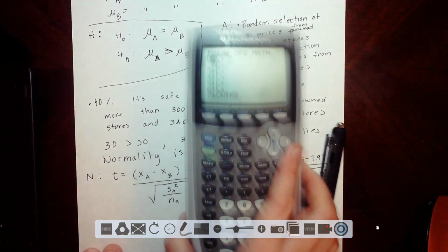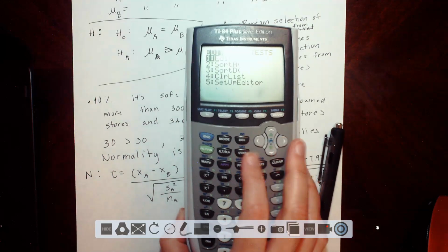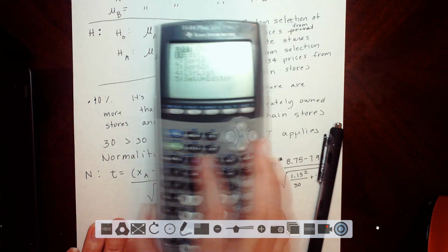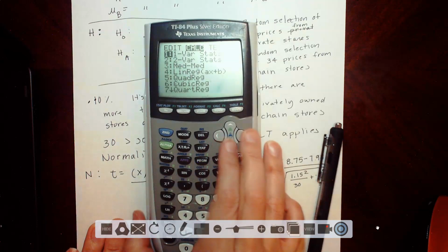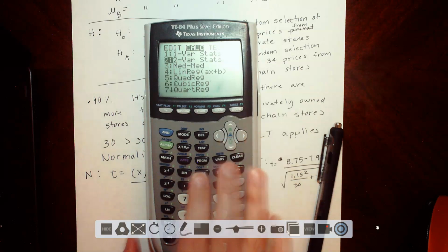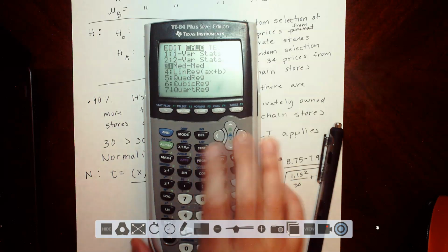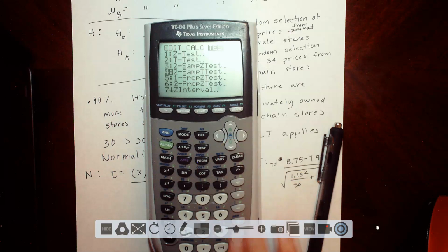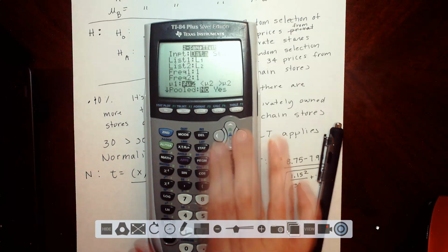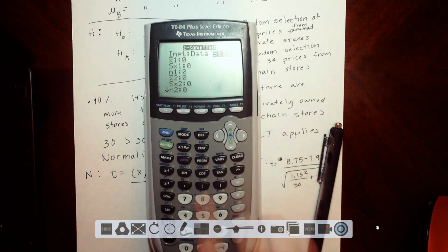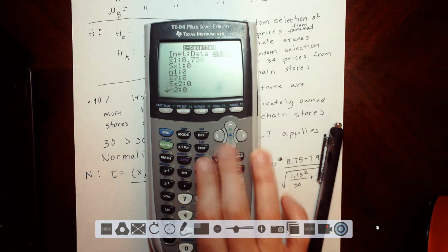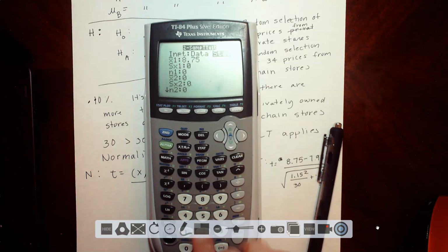You're going to go to Stat, over to Calculate. You're going to go to Two Sample T-Test. I have stats. I put them in. Okay, so my first mean is 8.75 with the standard deviation of 1.15.